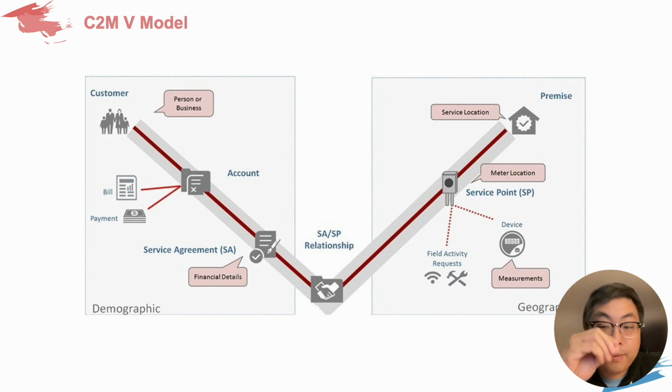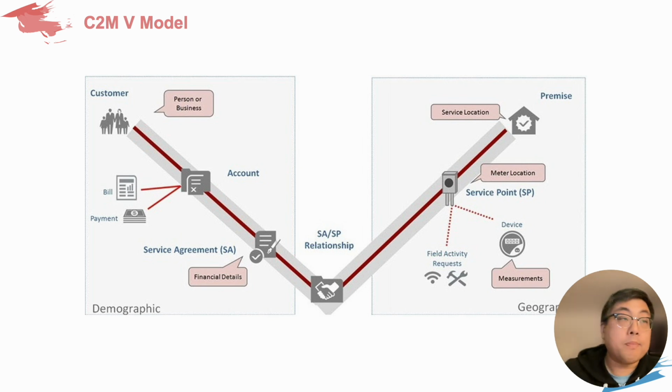Now, we have to differentiate between a service point and the device, because a device is normally a physical device, like a meter. If the meter is broken, it can be replaced. But the service point has a unique number which identifies this is the unique usage collection point for the customer.